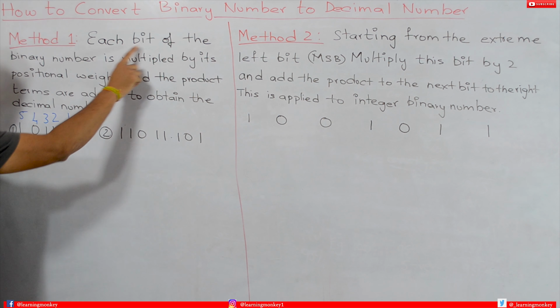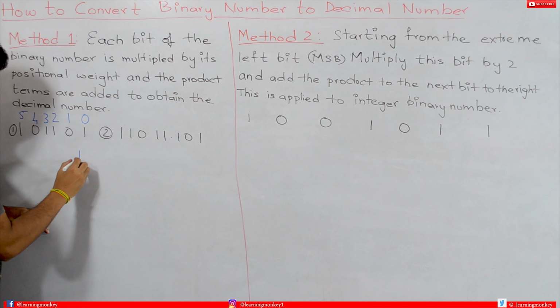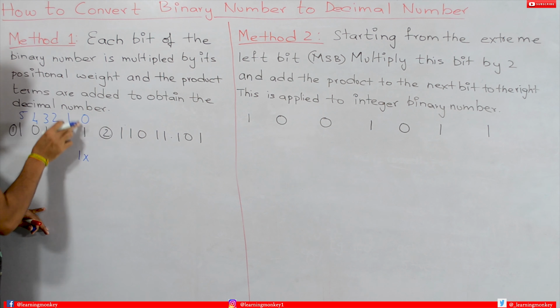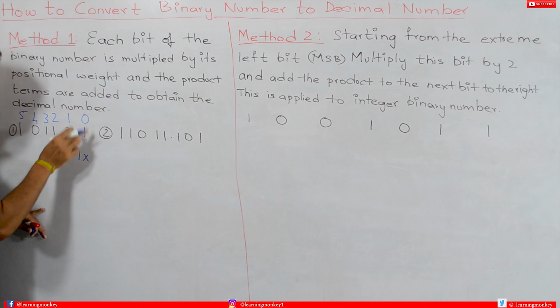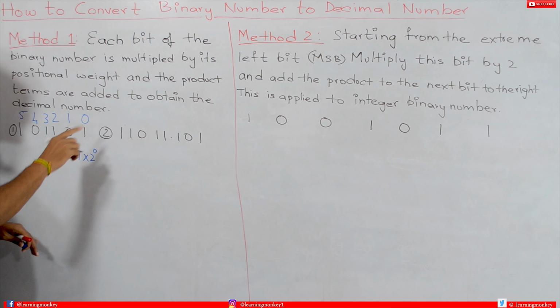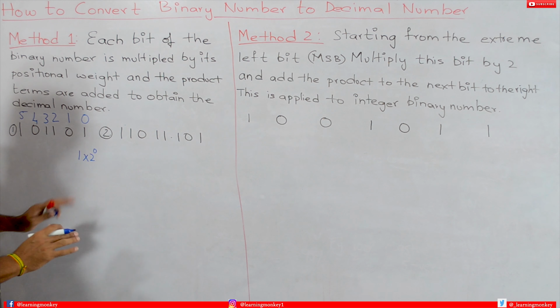Each bit of the binary number is multiplied by its positional weight. So this is the position and the weight of this. How to find the weight of a position: it is base power position, so for position 0 it is base power 0. In our previous video we clearly discussed this concept, so please watch that video.